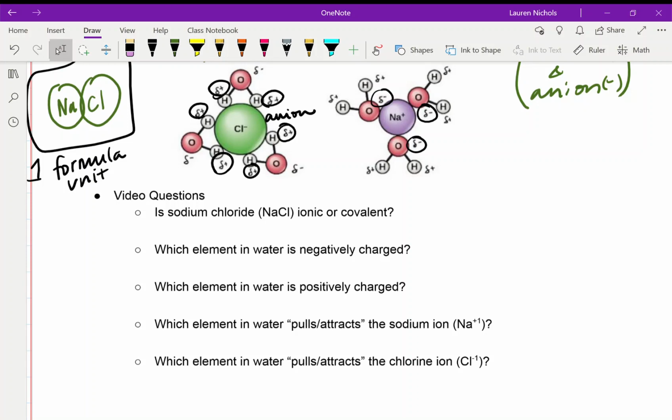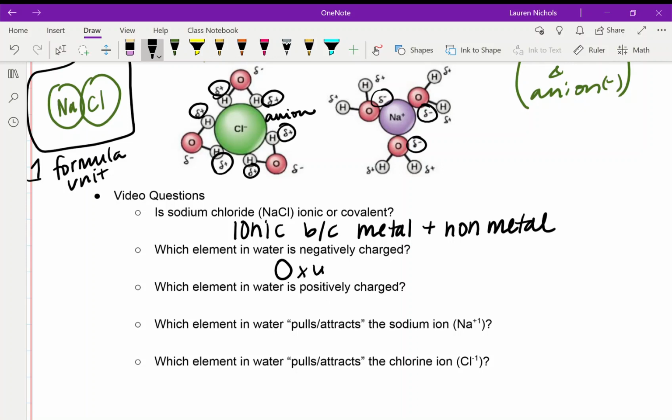Okay, so sodium chloride is going to be ionic, and that is because we have a metal plus a nonmetal, okay? And then we know that the element in water that is negatively charged is going to be oxygen, whereas the element in water that's positively charged is hydrogen.